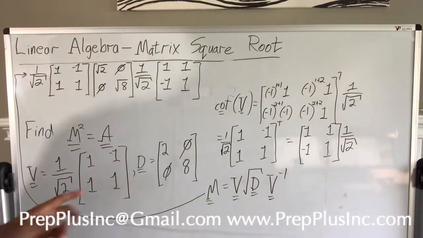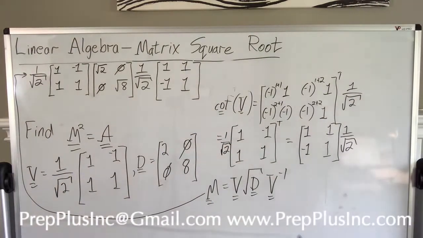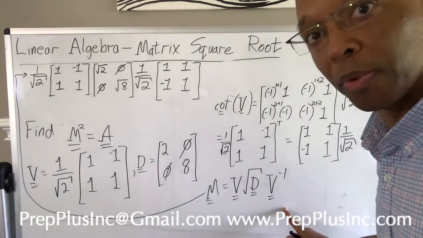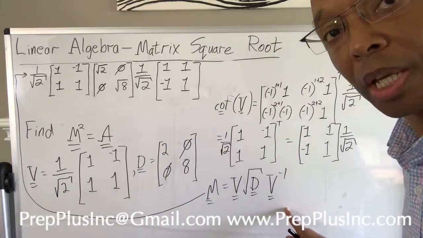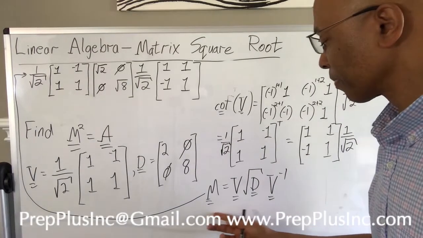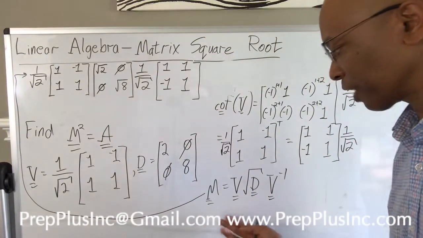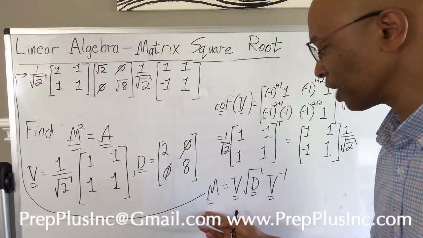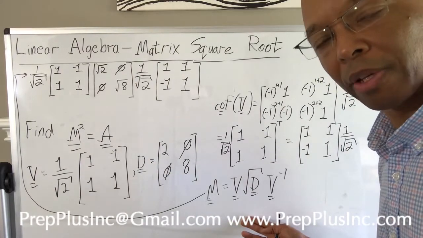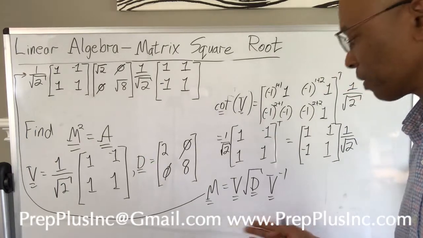So this is the formula for the square root of this matrix using eigenvalues and eigenvectors. We don't have time in a micro-tutoring session to actually prove this. This is a result for calculating the square root of a real symmetric matrix.